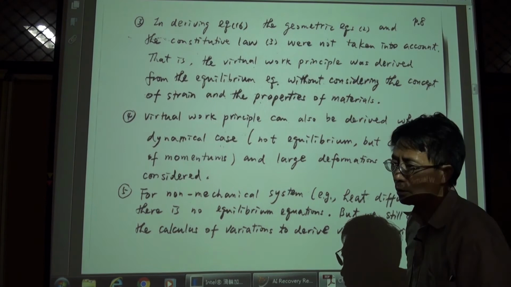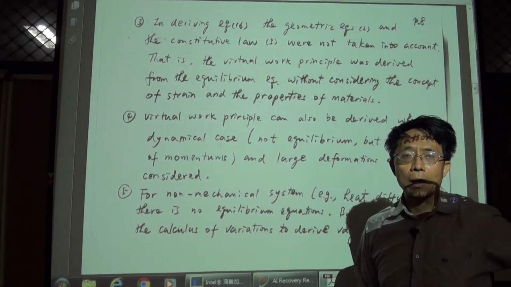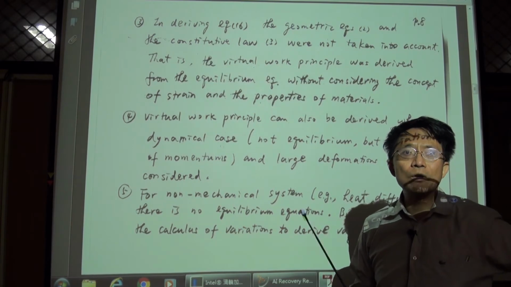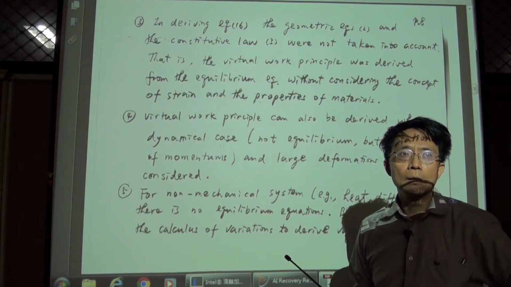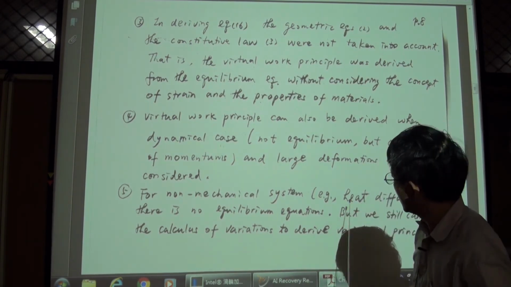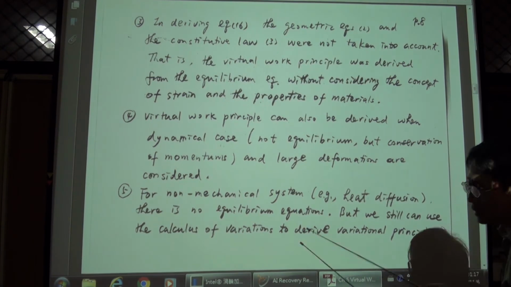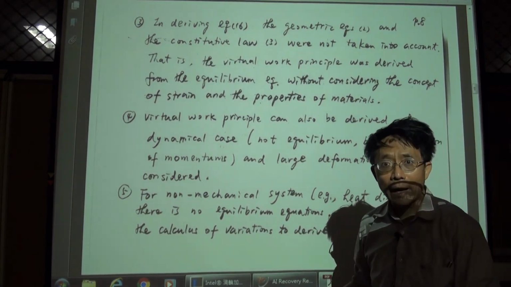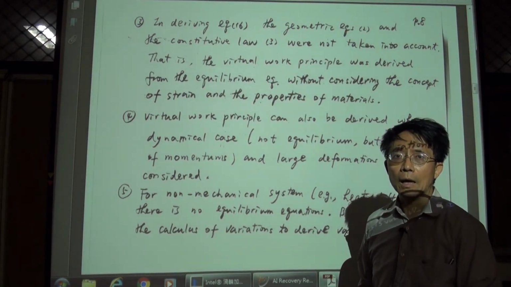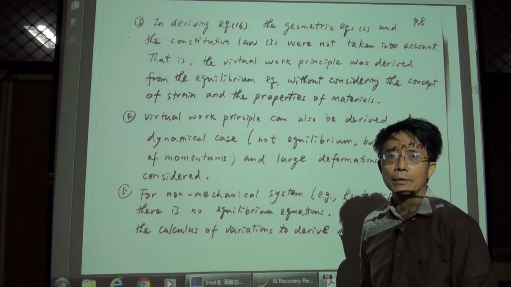We carry out the calculation to set up the weak form, which is called the weak form of the heat equation. Then you still can use the variational principle to do your calculations.